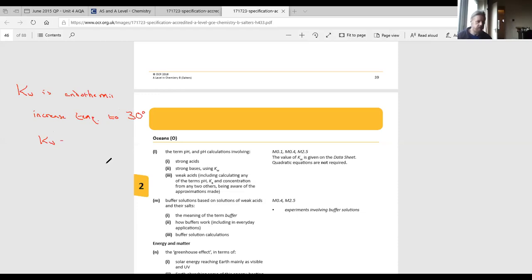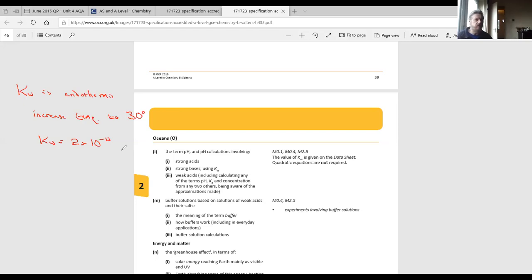If it's endothermic, which it is, we'll say that Kw is something different, like 2 times 10 to the minus 13. I don't know what it is. So that's higher than it was, isn't it?